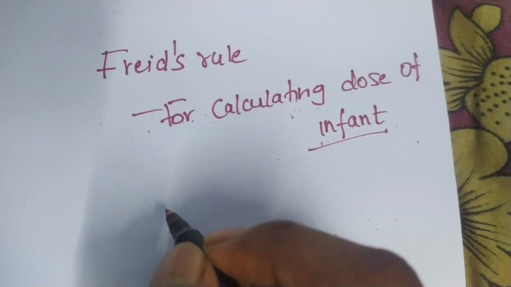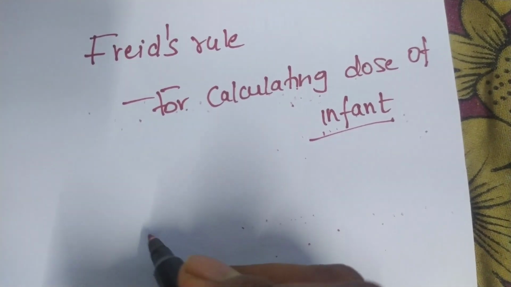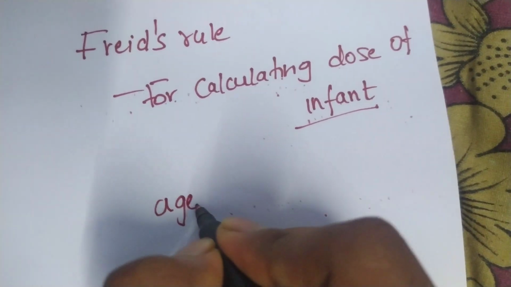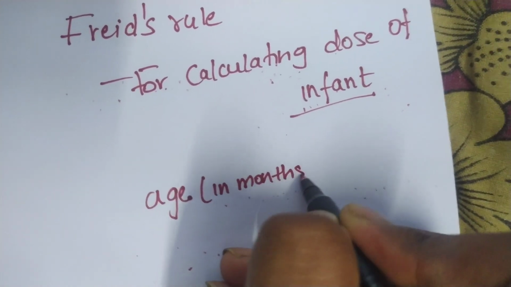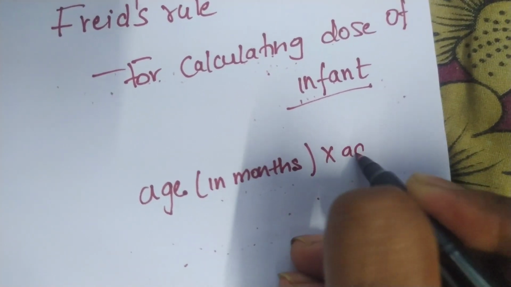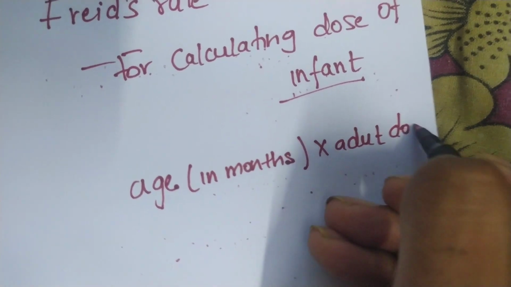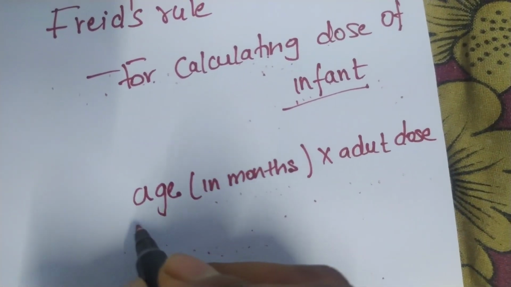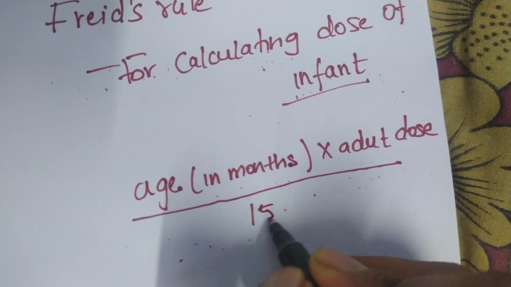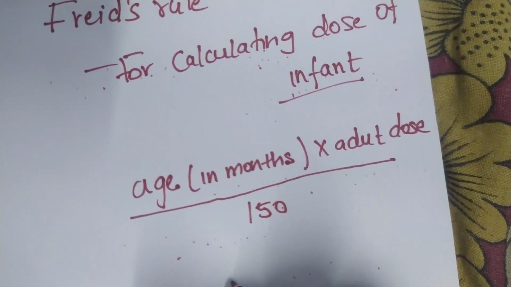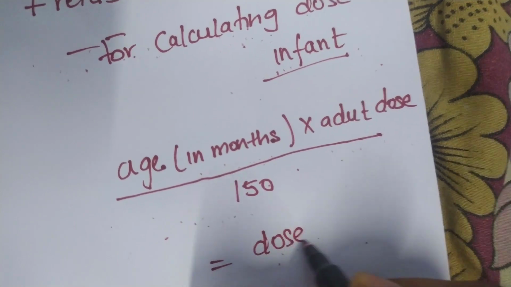Its formula is age in months into adult dose by 150, which gives the dose for the infant.